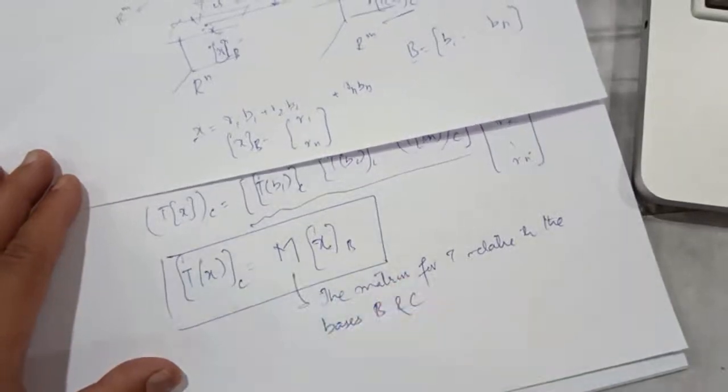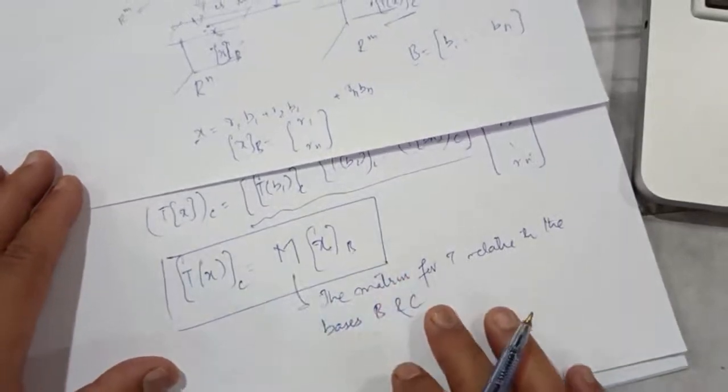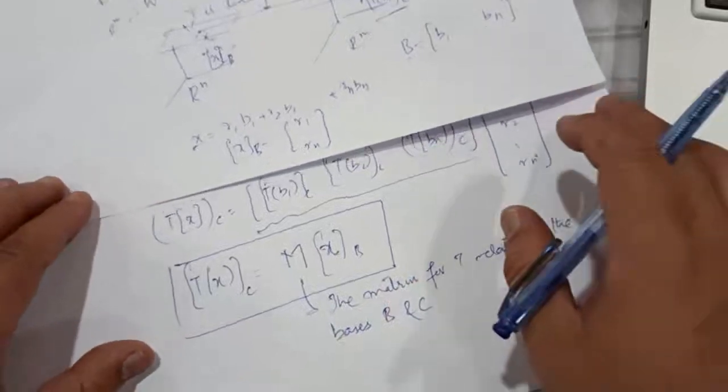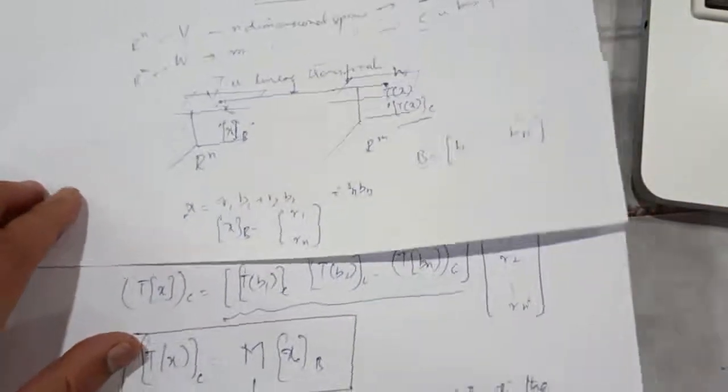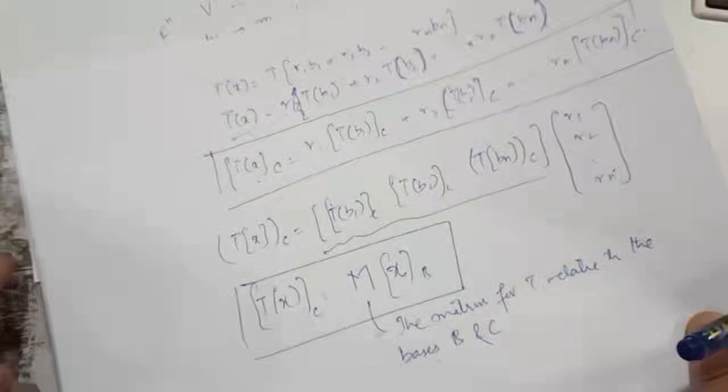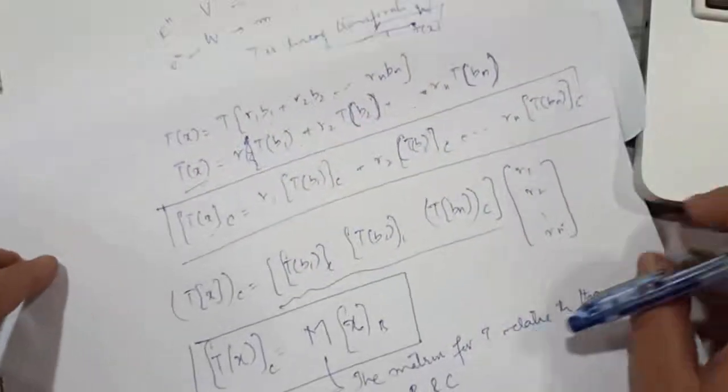Okay, so this M is called this matrix, right? Now if you want to see that in terms here, this is the sequence of steps that we just did.